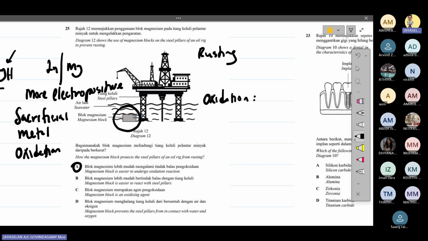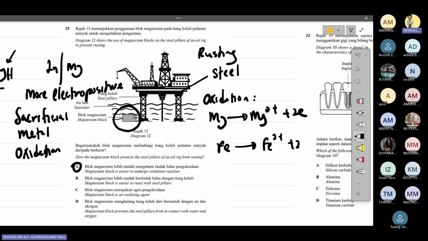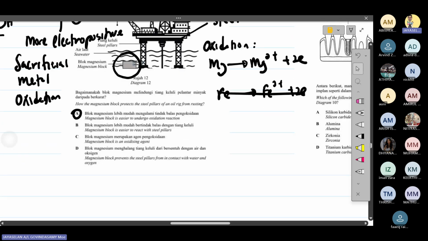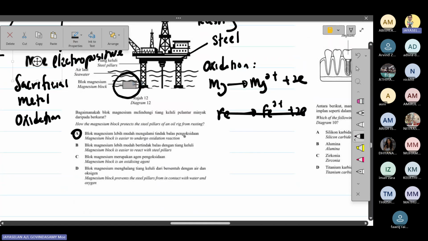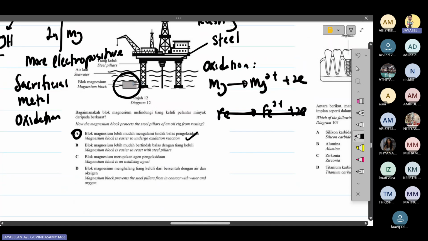You take the magnesium atom, it will undergo oxidation: Mg to Mg2+ plus 2 electrons. This prevents iron, which is the steel, and the steel is made up of iron, right? Iron from getting rusting. So this does not happen. So rusting is prevented. So the magnesium block is a sacrificial metal. Easier to undergo oxidation. Very easy. Don't get it wrong.